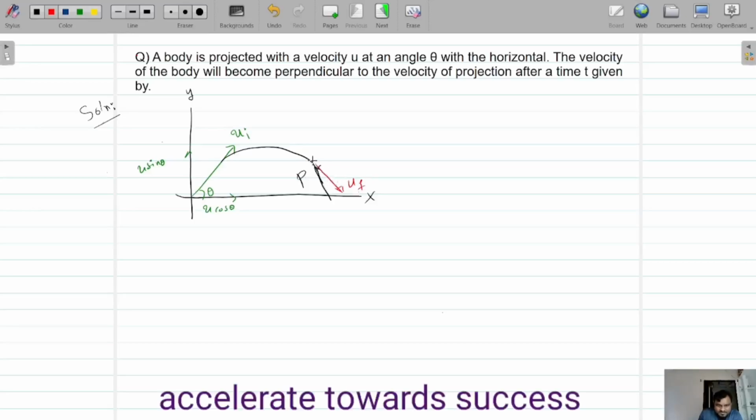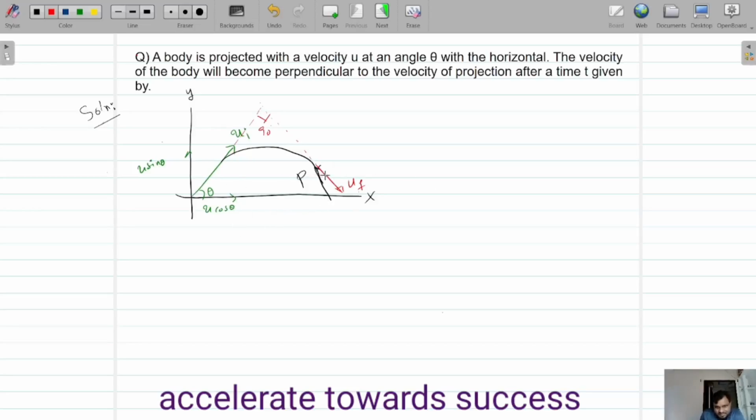By extending the final velocity of the projectile in the backward direction and the initial velocity in the forward direction, you will observe that these two vectors make an angle of 90 degrees, head to tail joined. So nothing else, it is the replica of the dot product only.